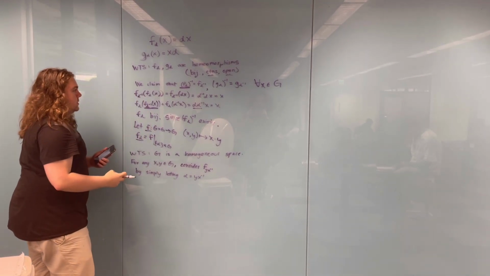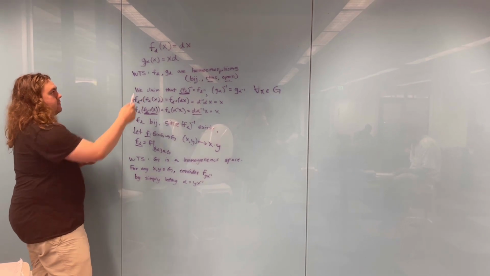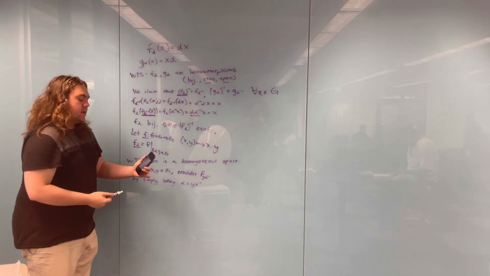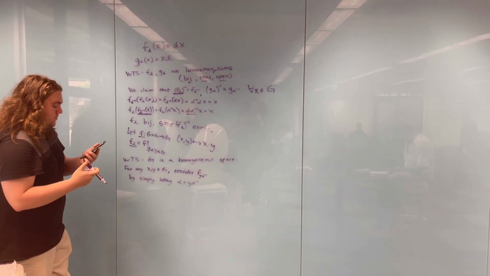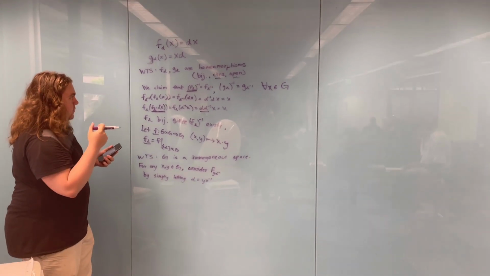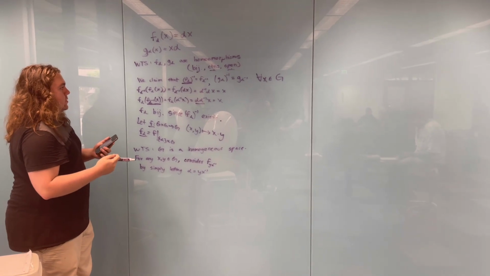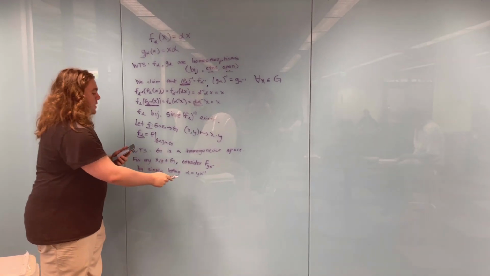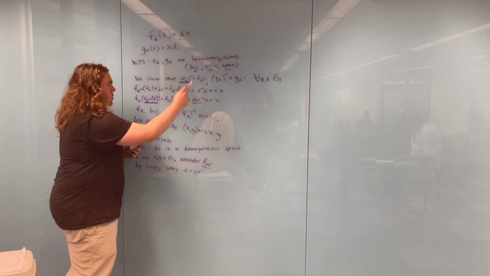So this is defined exactly the same way as our f alpha function, simply just with a different value of alpha. Then we know from the previous portions of the proof that this new function is a homeomorphism.